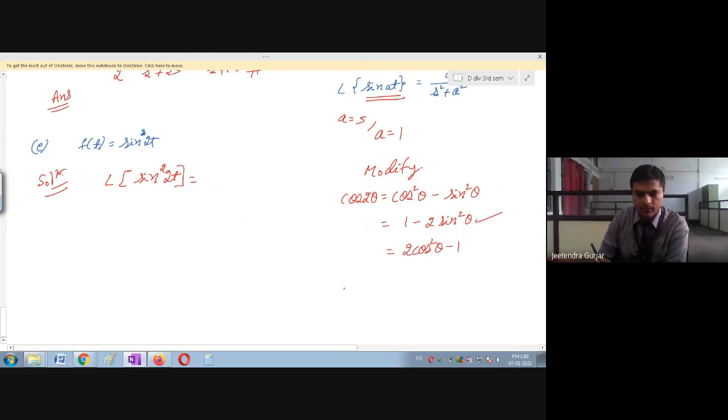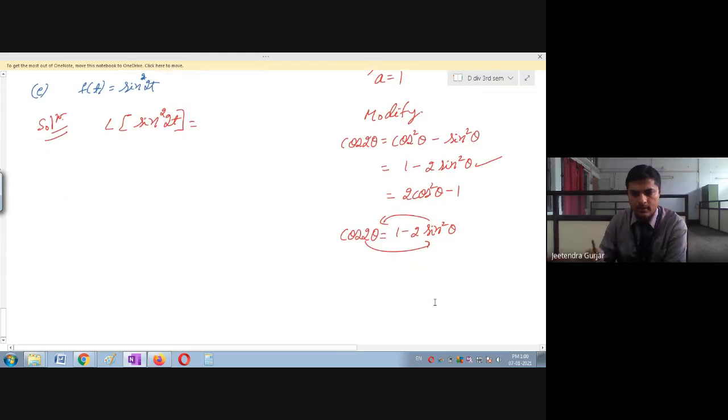I will choose this formula, that is cos 2 theta is equal to 1 minus 2 sine square theta. I will bring sine square theta to this side and cos 2 theta to this side. So you can easily write this as 2 sine square theta is equal to 1 minus cos 2 theta.